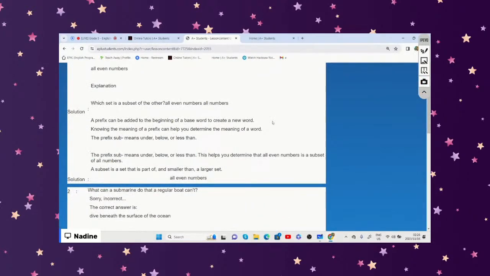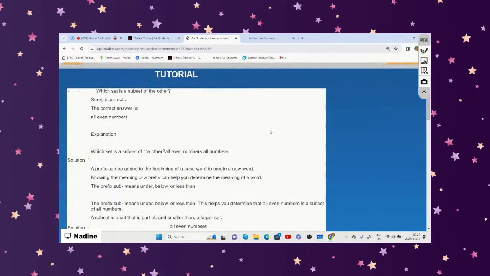And we can say it is all even numbers that are subsets of the others.